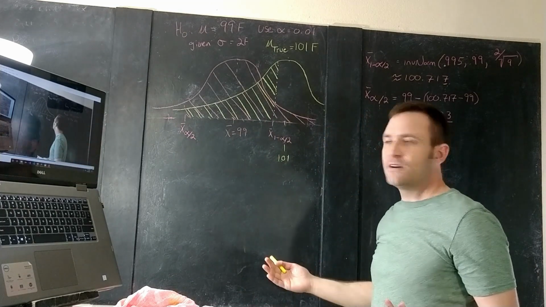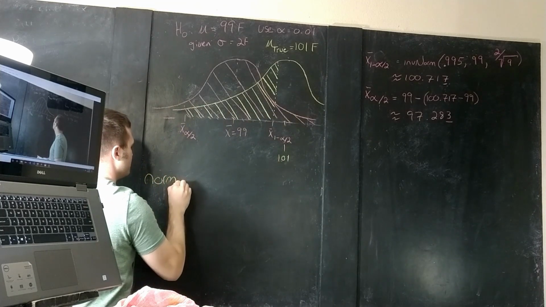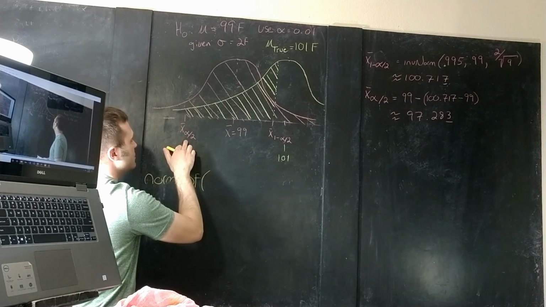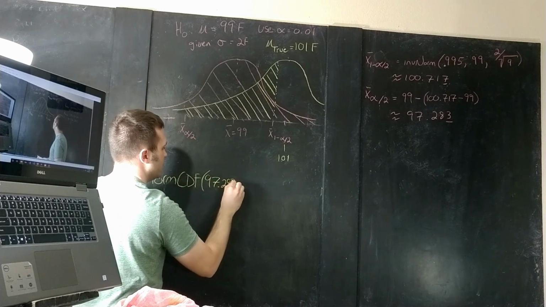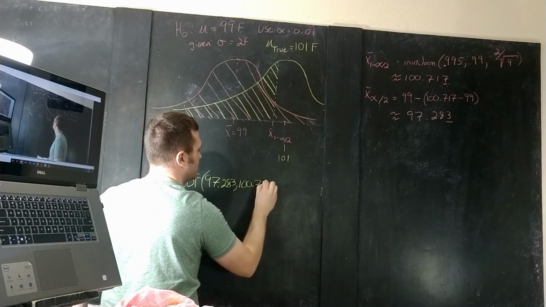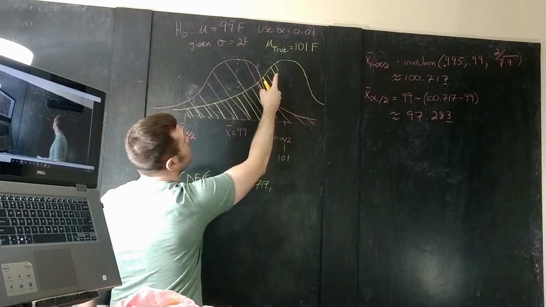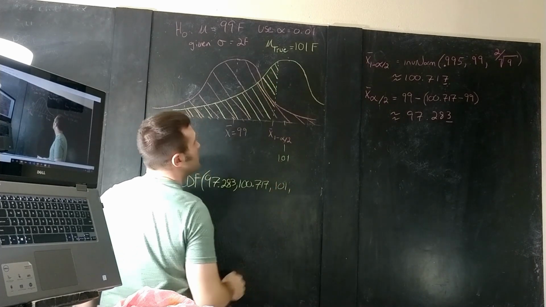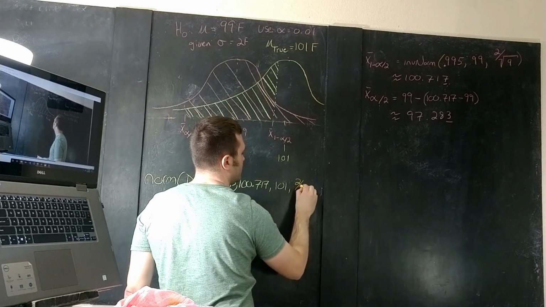So how do we calculate this? Well, it's just the norm CDF function between these values, so 97.283 and 100.717. And so the true parameter value is 101. And then the standard error, which we know, which is just 2/3.